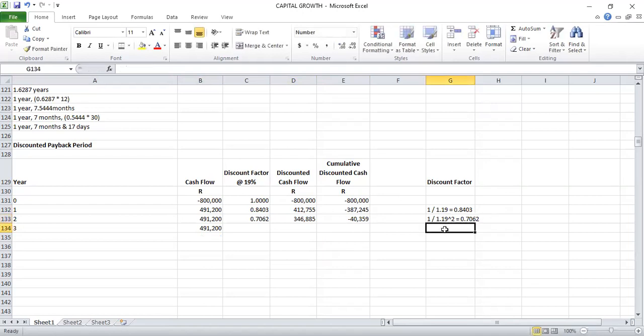In the third year, we'll say 1 divided by 1.19 to the power of 3, because it's year 3. What do we get?